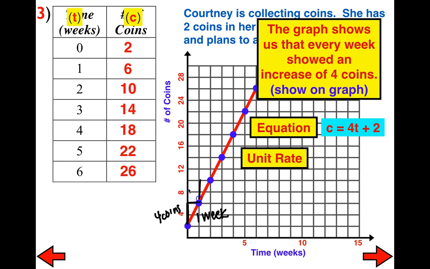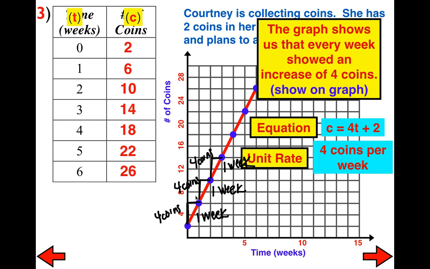Okay, again, 4 coins for the 1 week that passes by, 4 coins for the 1 week that passes by, and it continues on and on. So this graph shows our unit rate. So that's one way of figuring out our unit rate, is you can even look at the graph. So I would say there's 4 coins per week.